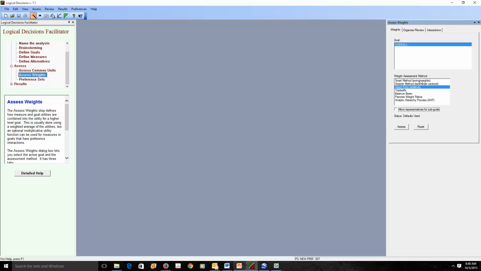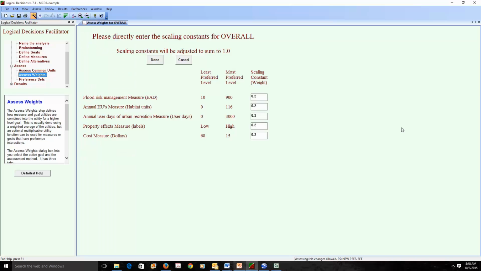This software offers many ways to assign weights. We're going to use the simplest, a direct entry here, where we just say what the weights are. So here I'm going to say we've got 4 measures of benefits and 1 measure of costs. I'm going to say benefits and cost are equally important, so I'm going to give cost a 0.5.